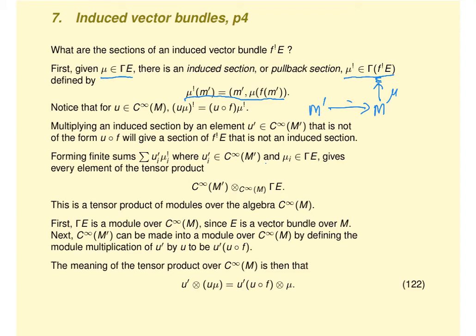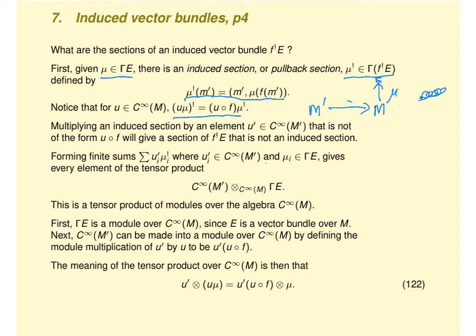Now, for any function u on M, that's the target manifold, (u mu) shriek is (u comp f) times mu shriek. And that really just follows immediately from this diagram I've written down on the side there. However, if I take an induced section and I multiply it by a smooth function u prime on M prime, then assuming that it's not of the form u comp f, it'll give a section of the induced vector bundle that's not an induced section.